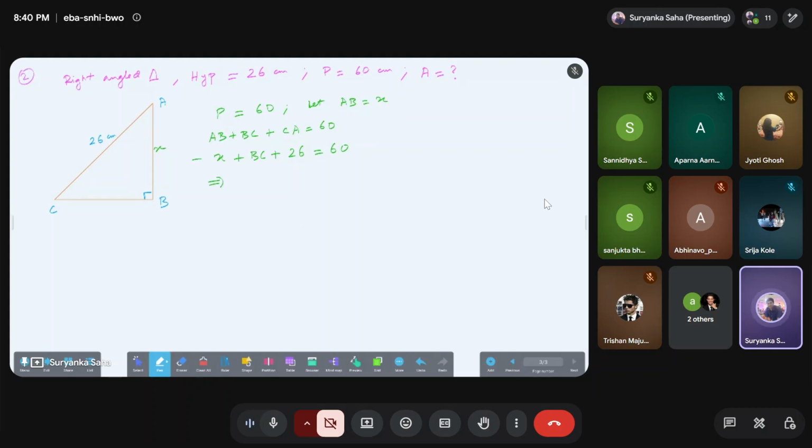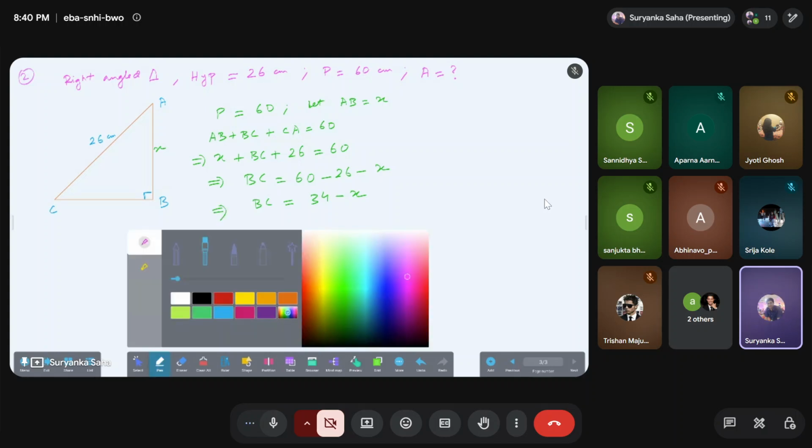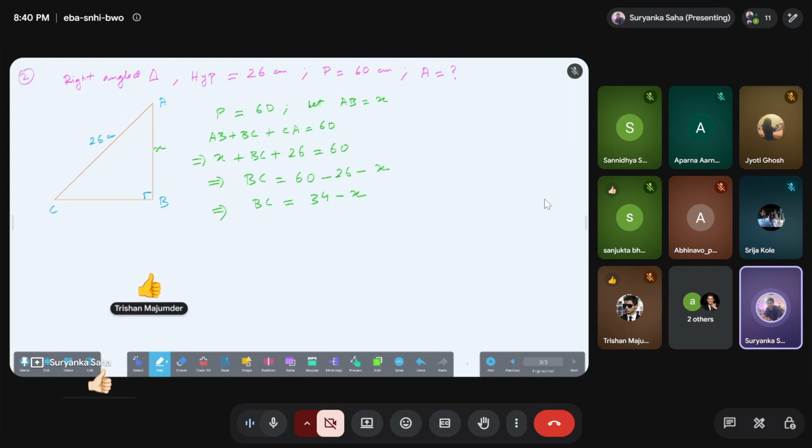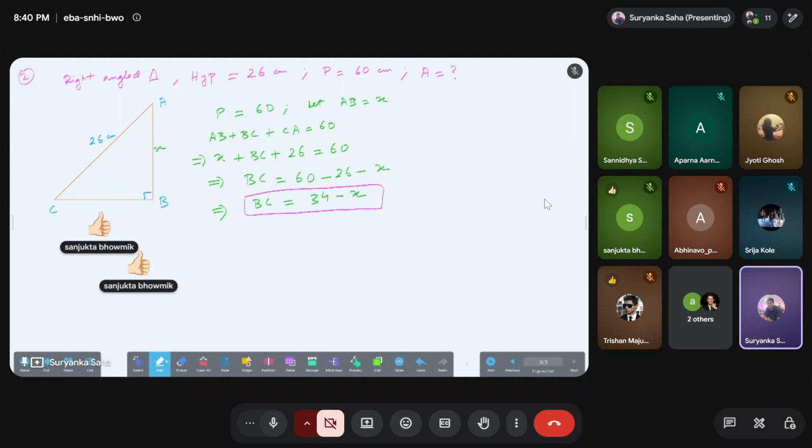Follow the screen. So BC will be how much? BC will be 60 minus 26 minus x. 60 minus 26 is 34, so 34 minus x is the value of BC. Understood? Write here 34 minus x.